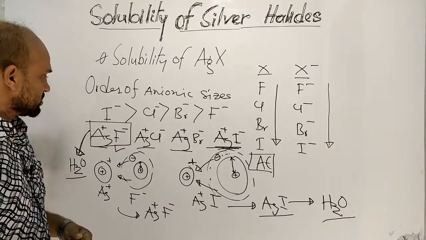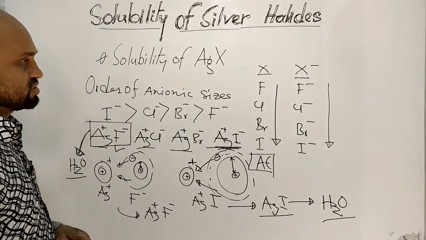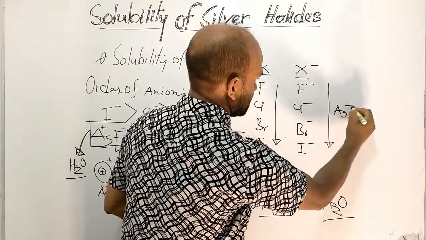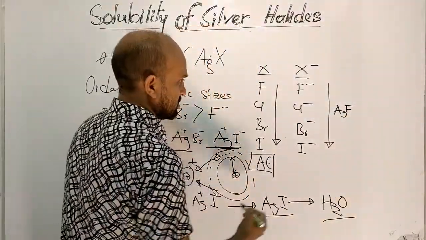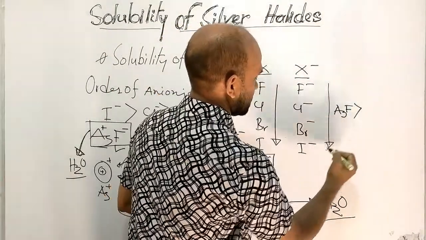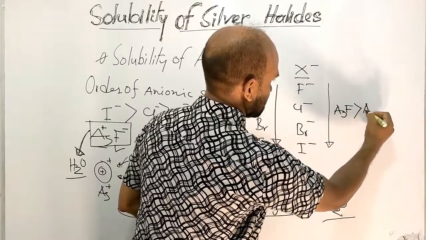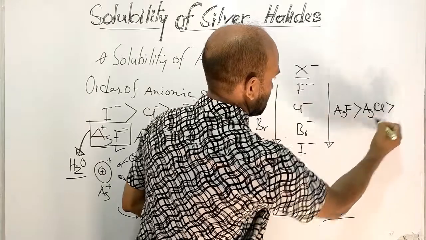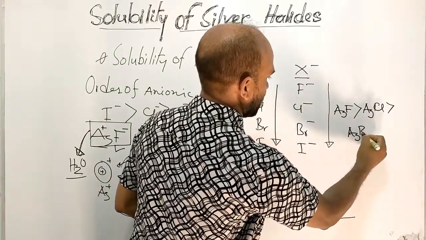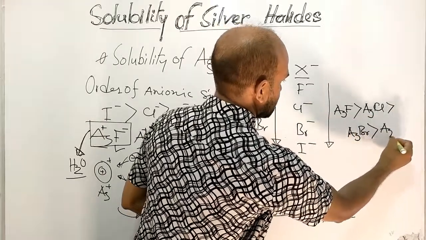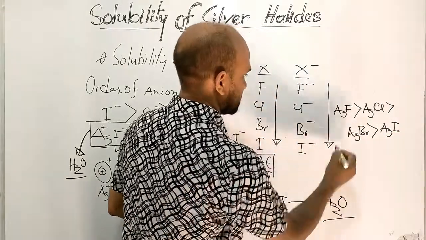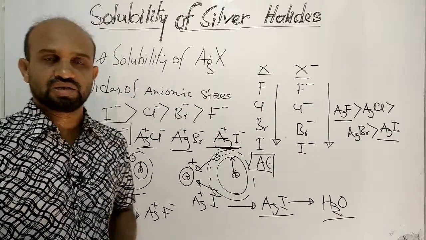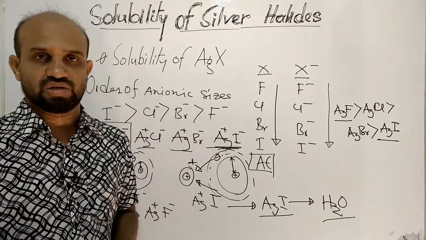That means the order of solubility is silver fluoride, which is soluble, and solubility decreases like this: silver chloride, then silver bromide, and then silver iodide. Silver fluoride is soluble and silver iodide is insoluble in water.